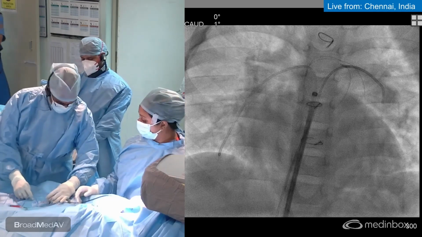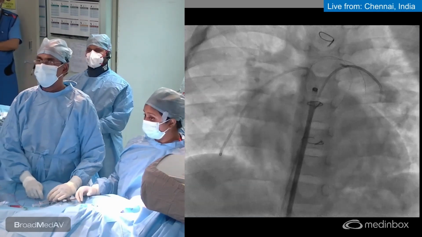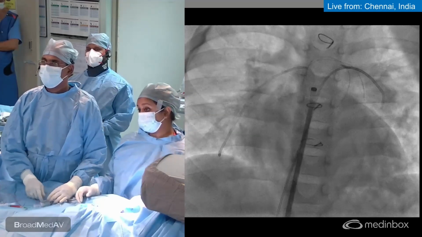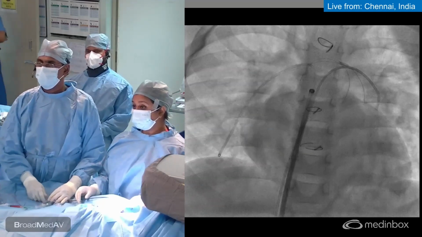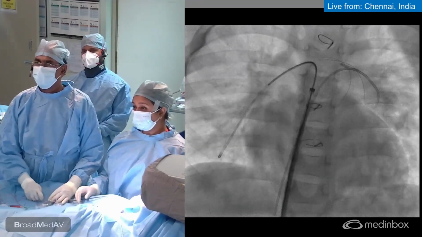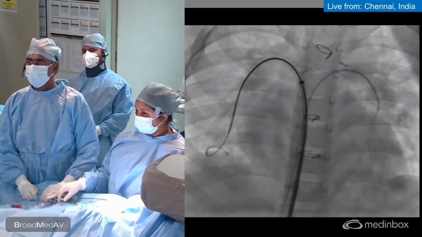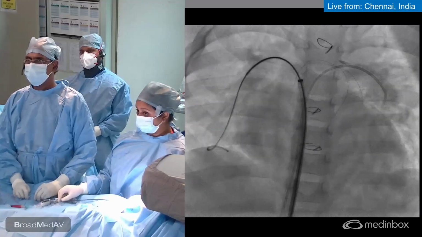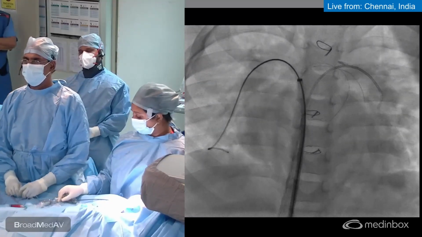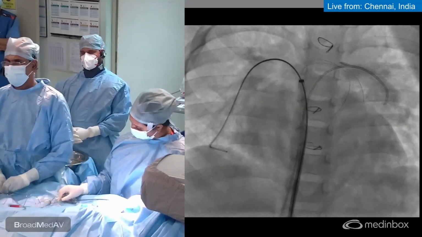Once I position the catheters, then we will take some measurements and then take a decision about the stent. Already it looks like the length of the stent needs to be about 3 centimeters. We need to decide about the diameter of the stent.